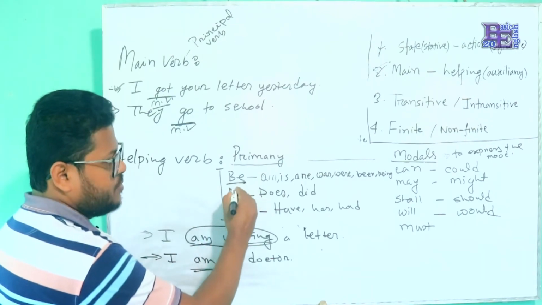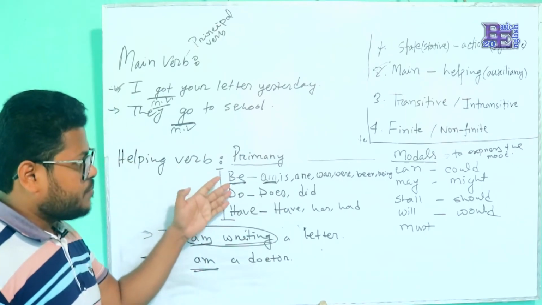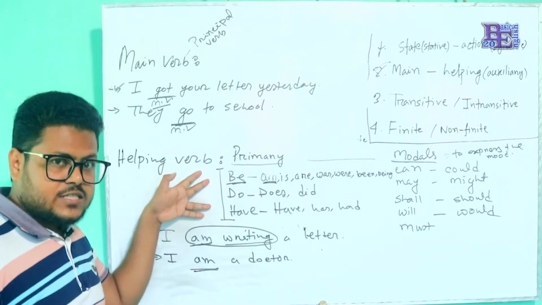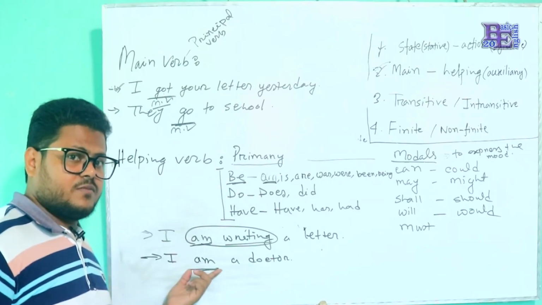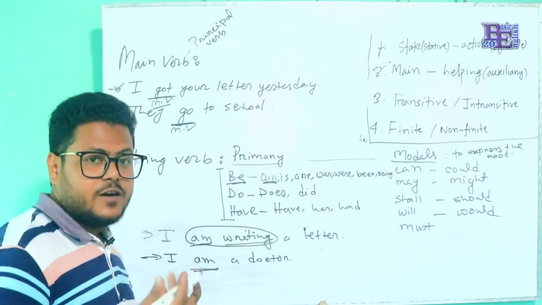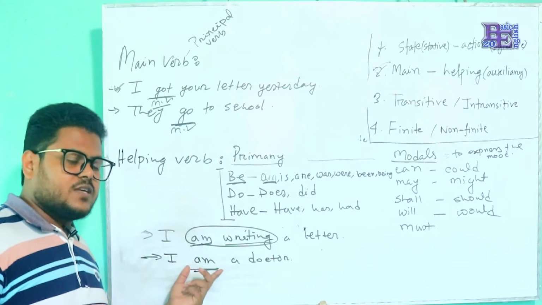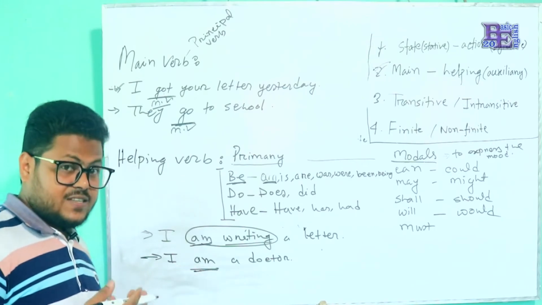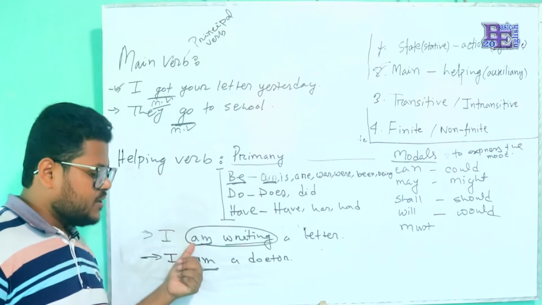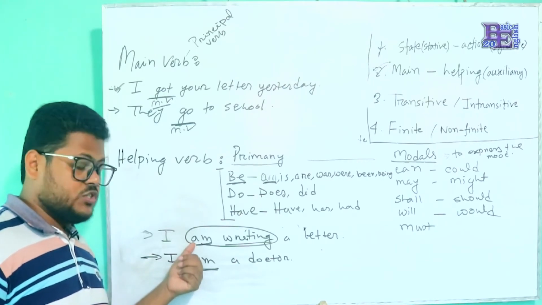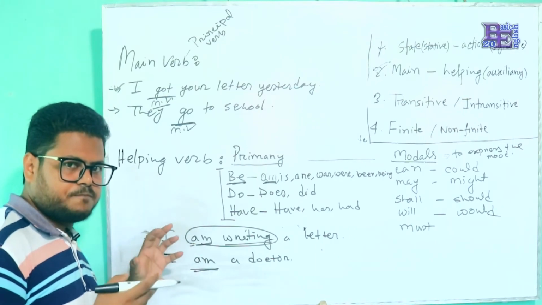We have written them in the primary auxiliary verb section, but is it a helping verb or the main verb? Is it helping another verb? No, there is no other verb. There is only one verb, that is am. Here am has been used as a main verb, but in the first sentence am has been used as an auxiliary verb. Hope you have understood the difference between them.